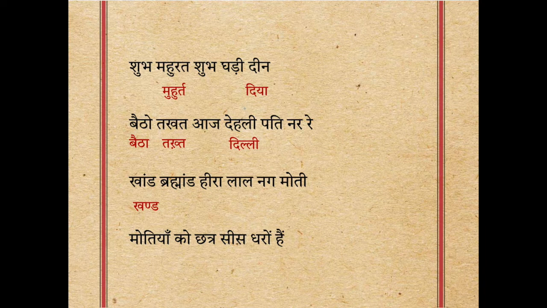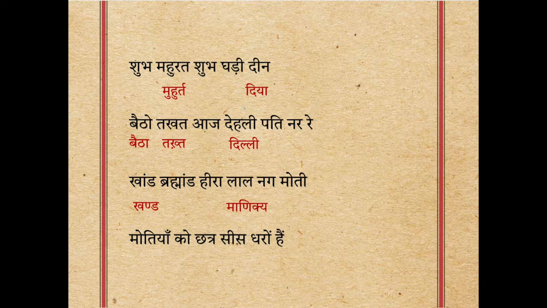But we'll move on. Hira, lal, naga, moti. Hira, a diamond. Lal. Here, lal means ruby, which is also called manikya in Hindi. Nag is a general term for a jewel, and moti, of course, means pearl.